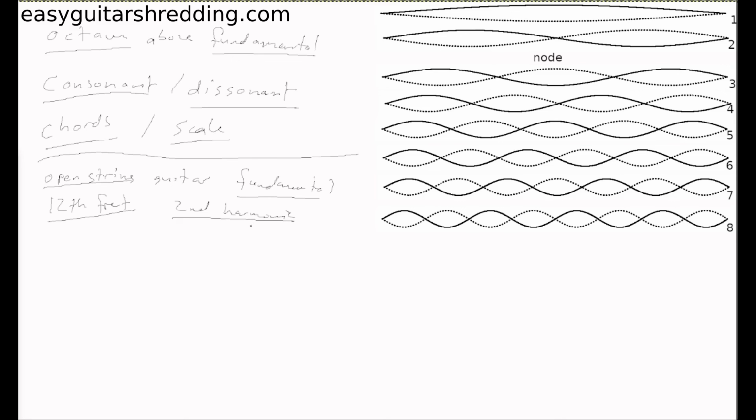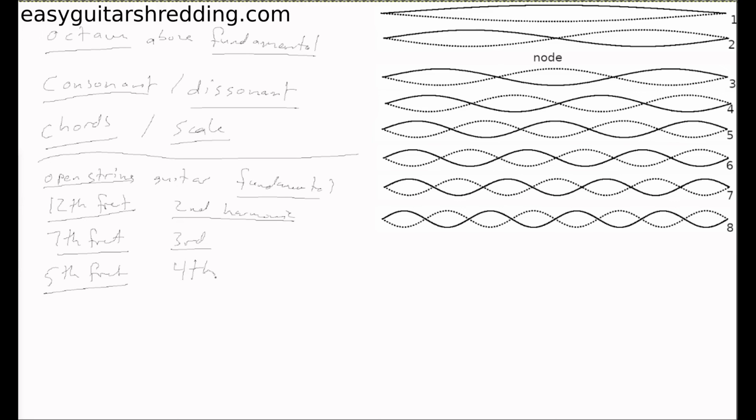If you touch the string at 1/3 of its length, which happens to be at the 7th fret, it will produce the 3rd harmonic. And if you touch it at 1/4 of its length, which is the 5th fret, it will produce the 4th harmonic.